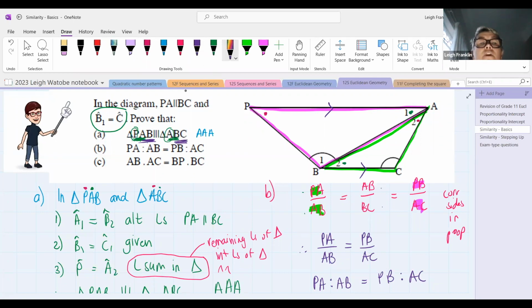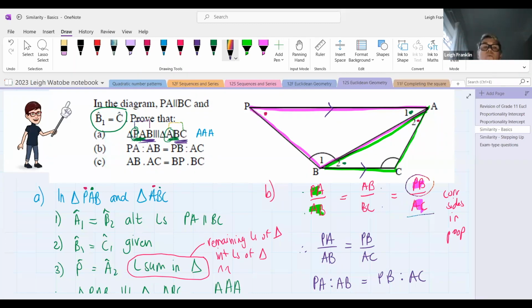And then first and last goes with first and last. So PB over here, over AC over there. Then I have got the corresponding sides that are in proportion. Because these triangles are similar, the corresponding sides are in the same proportion. That's what I'm writing in B. And then I'm looking at the question.